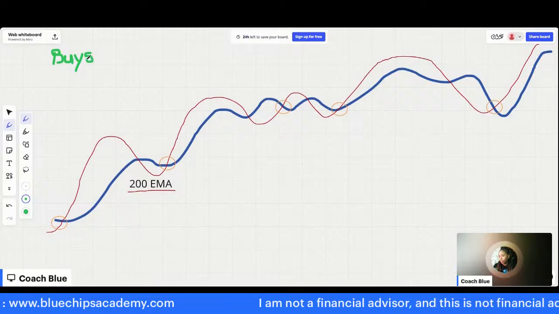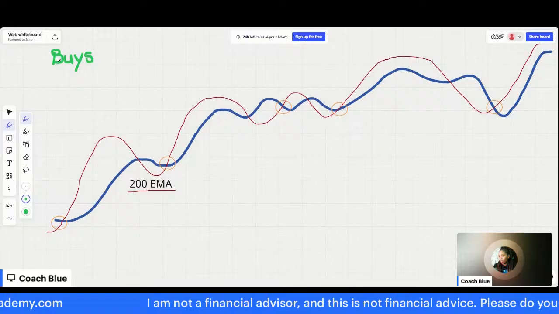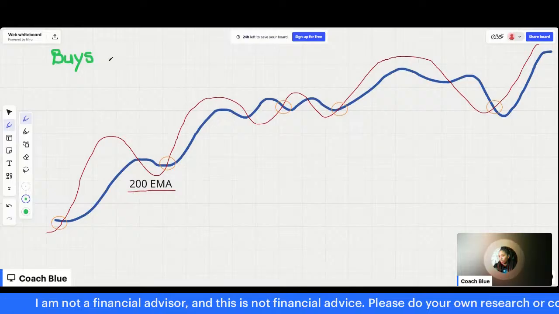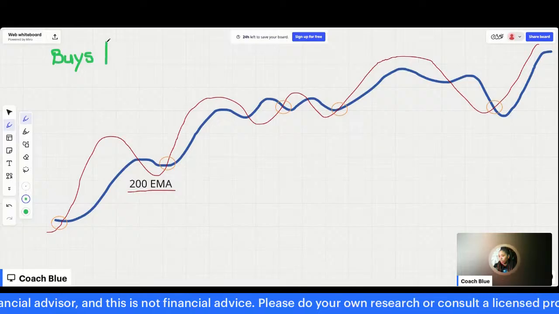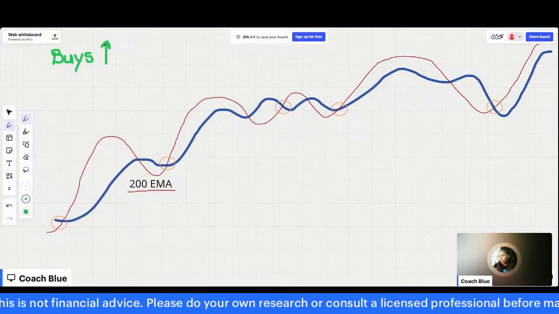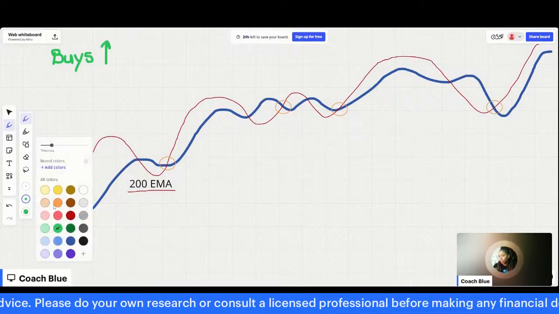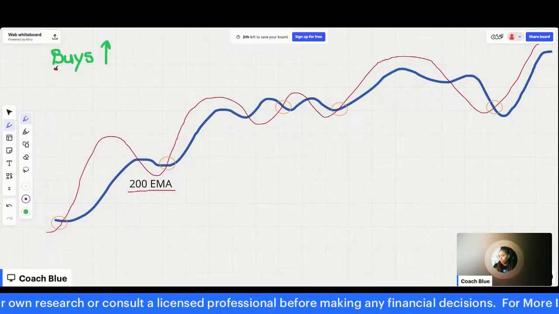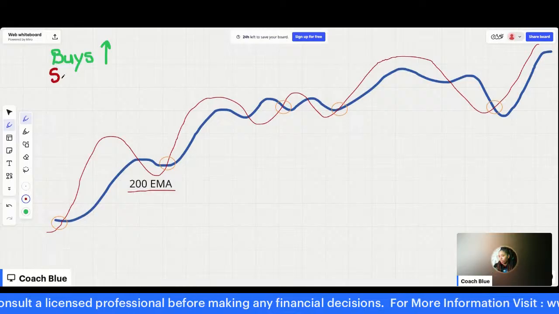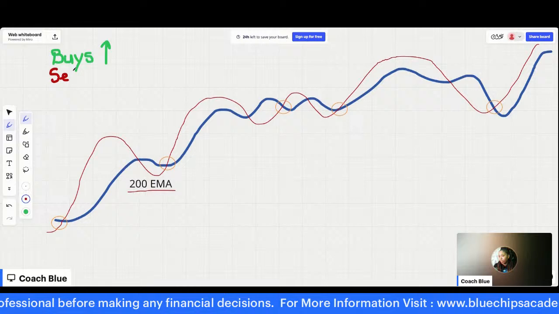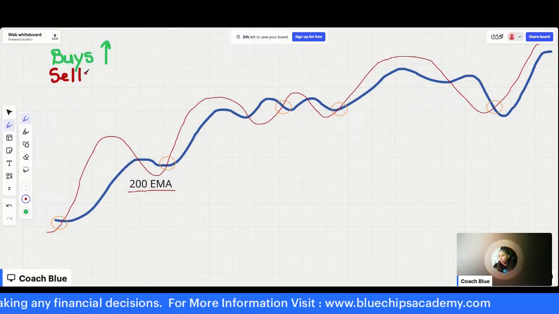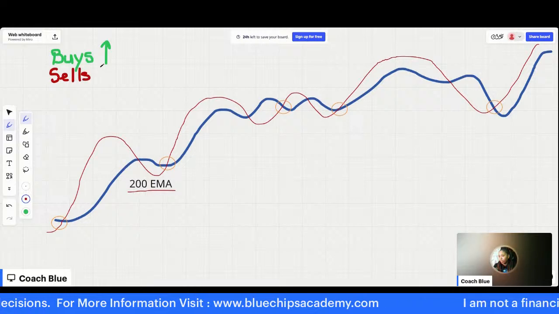If you're not trading in the right direction, you're not profitable. So when we're looking for buys, we want the market to go up. When we're looking for sells, we want the market to go down.